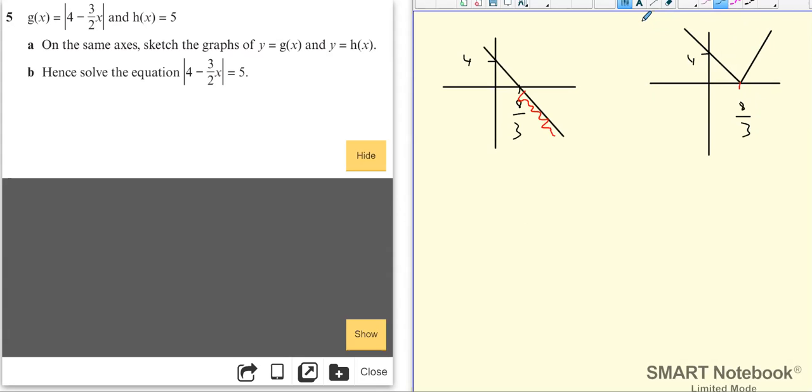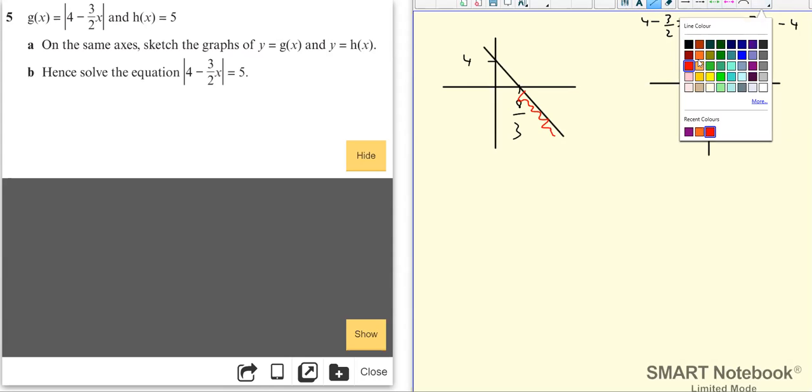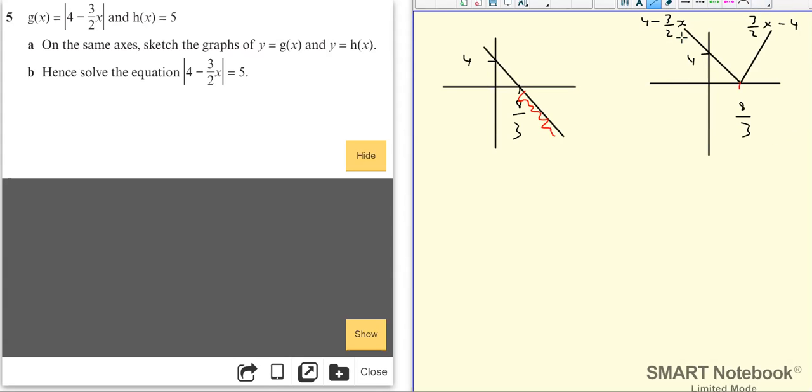The original part of the line still has the same equation, 4 minus 3/2x. The right-hand side part is going to become 3/2x minus 4. Okay, please be aware of that. And then finally, we are going to have the horizontal line at y = 5, something that looks like this.